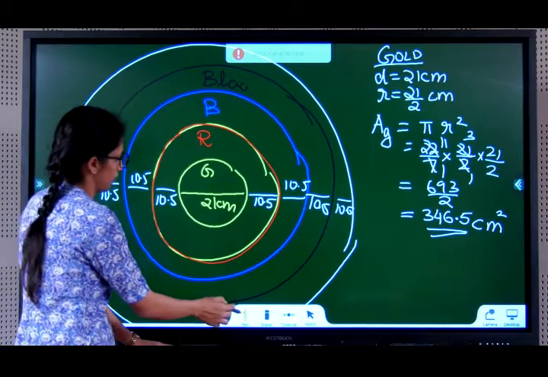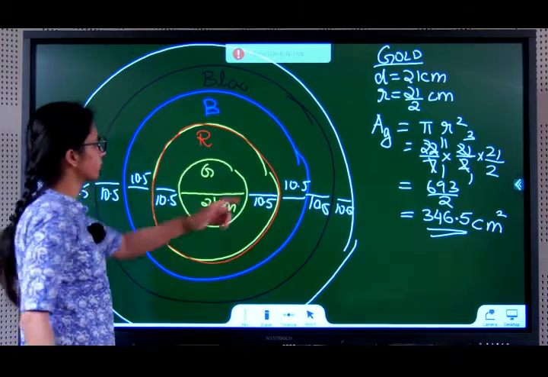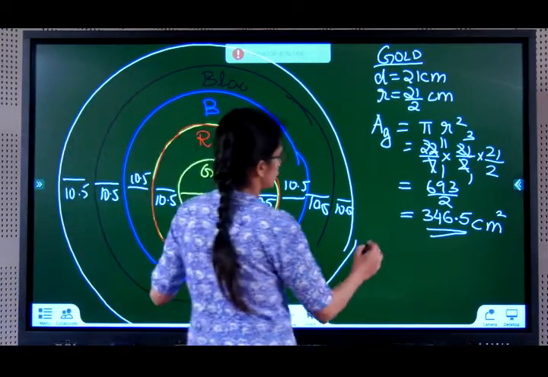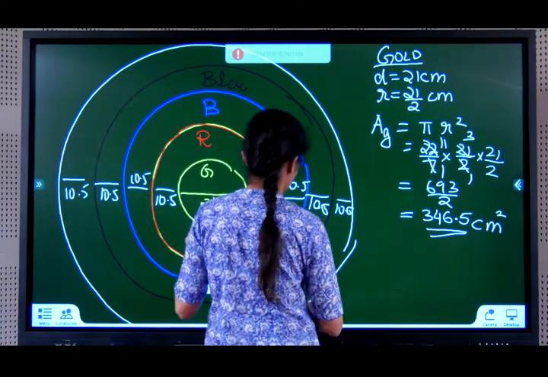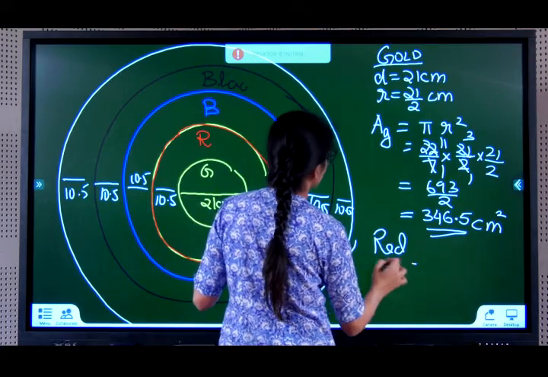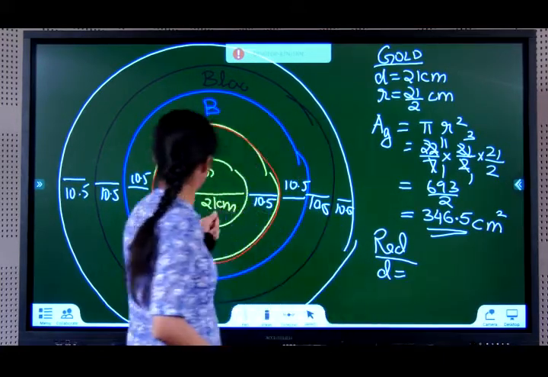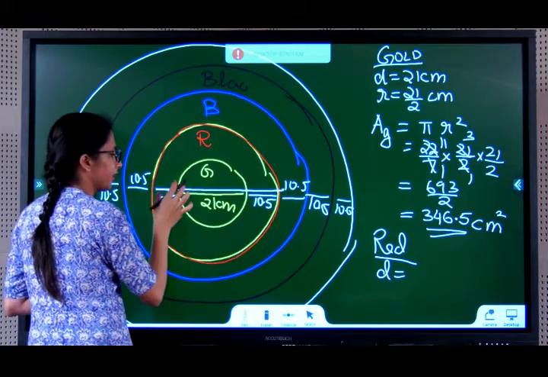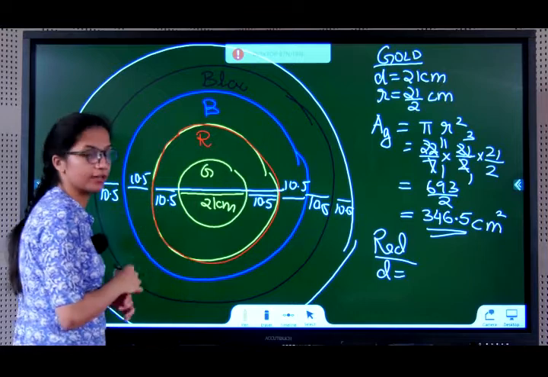So now we'll take the radius of the red circle, the whole radius. So we're going in for red now. And what will be the diameter? This whole thing is going to be the diameter. So 10.5 plus 21 plus 10.5, correct?